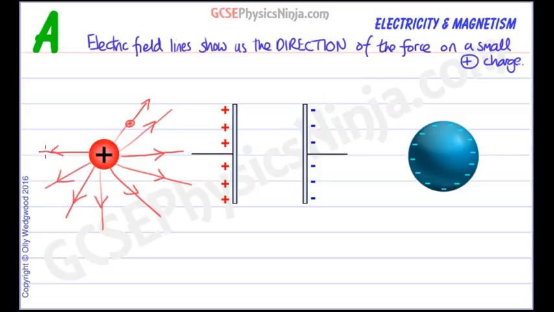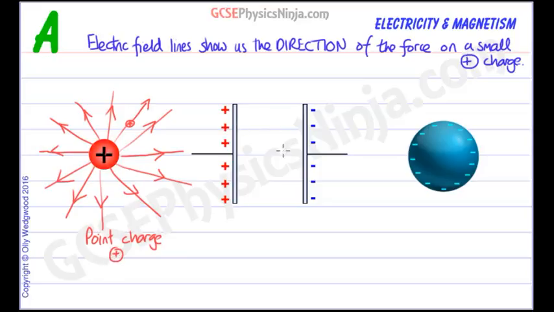We're only doing it in 2 dimensions, but in 3 dimensions it would come out like a great big sort of porcupine. Oops, slightly wobbly line, should be straight. And that is the electric field pattern around a point charge. So that's a point charge, in this case, a positively charged point charge.